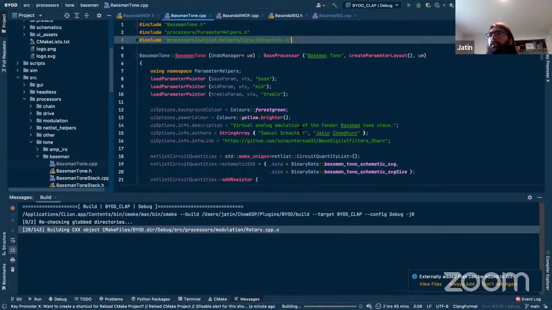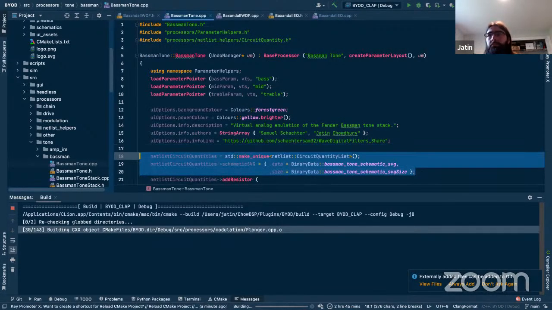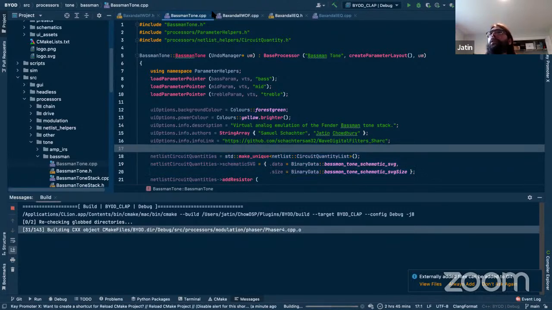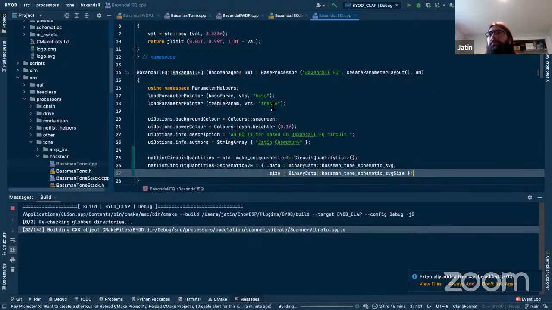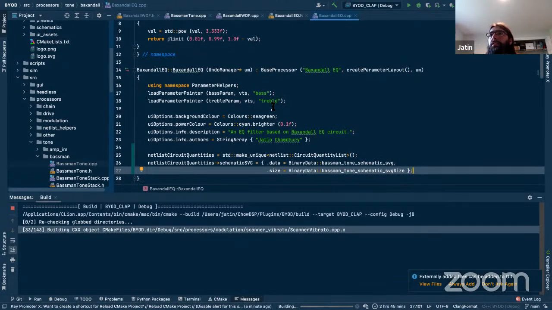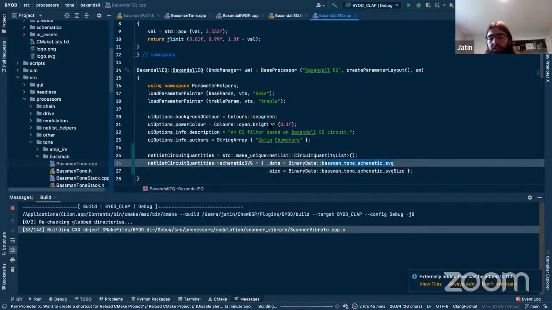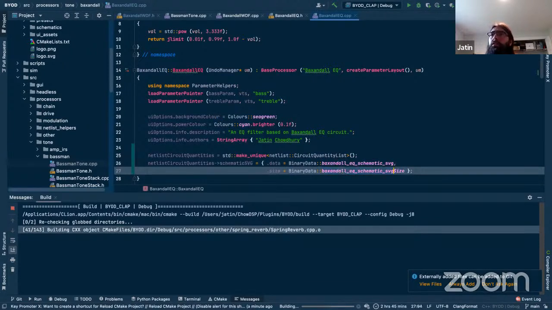And then here, we can basically just copy this directly as well. Except here, we're going to need backs and all EQ schematic.svg. That looks about right. There we go.